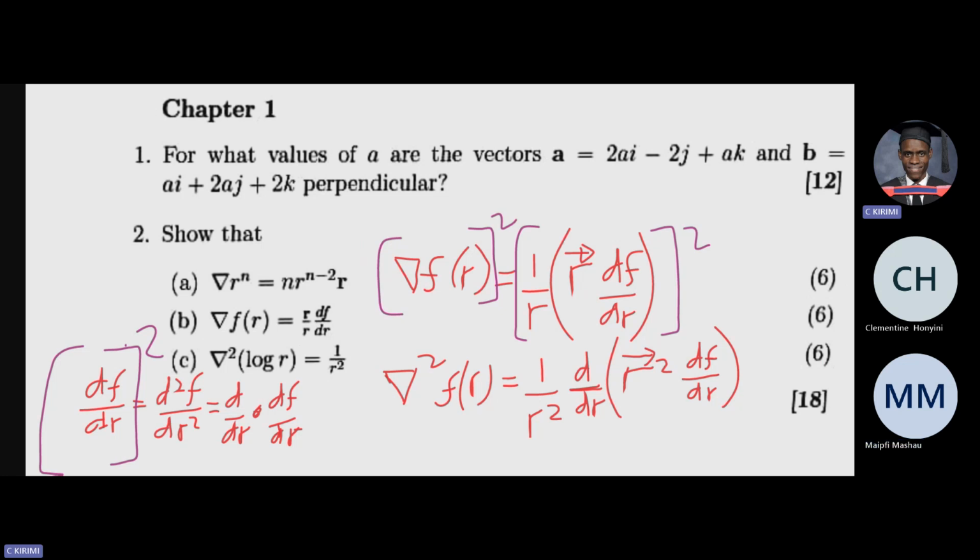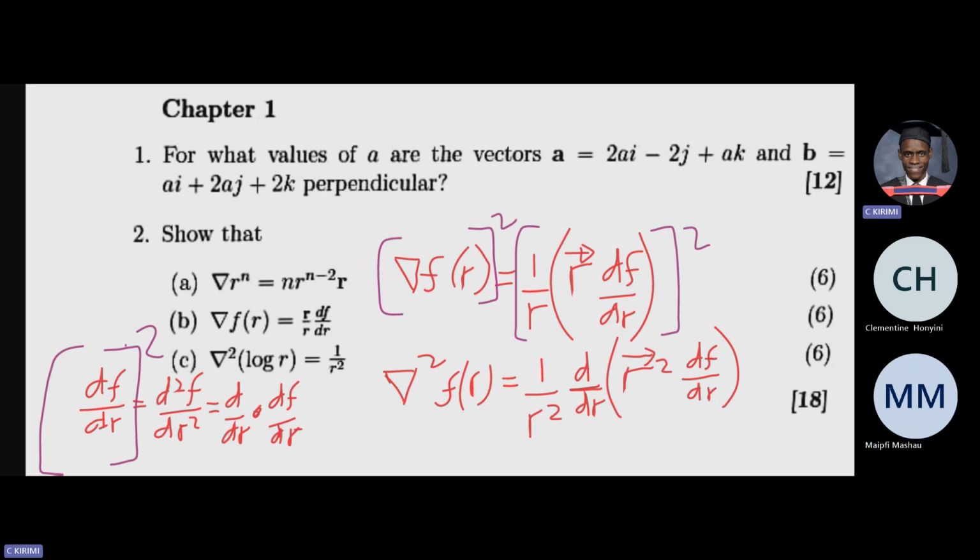You spread the vector, the first one over r, then you wrote the d/dr outside, and then you wrote the other part, the f over r. So that's how I understand it now. It's clear, isn't it? Yeah, on my side it's clear.